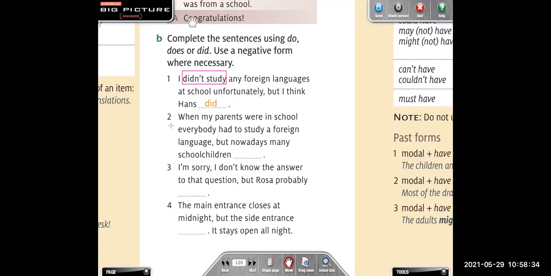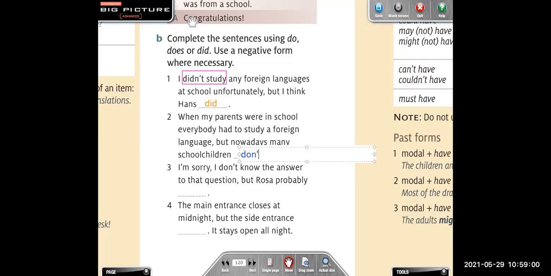Very good. Number 2, when my parents were in school, everybody had to study a foreign language. But nowadays, many school children don't. Don't, right?